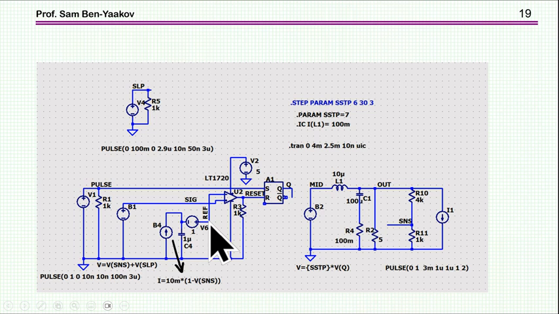And then if there is an error, then it will start growing or going one way or another, and then eventually it will stabilize to 0 here with the voltage of the sense equal to 1, and then of course we are going to get the 5 volt at the output.